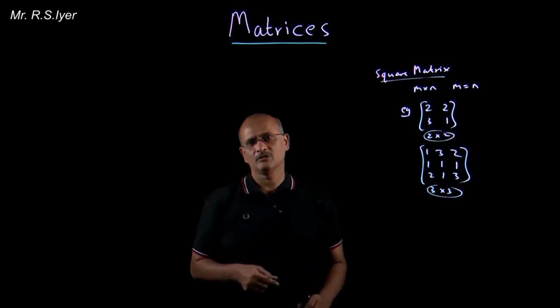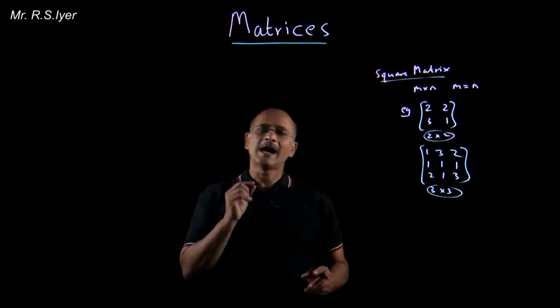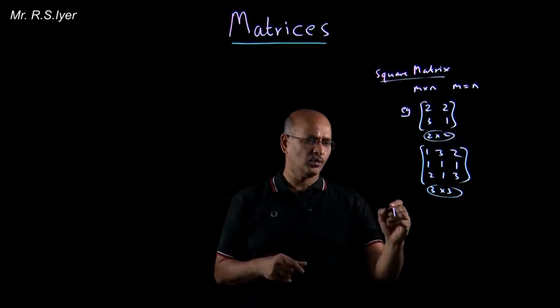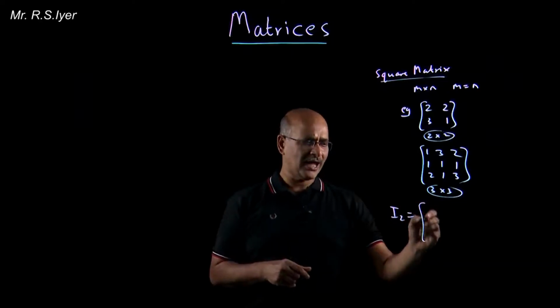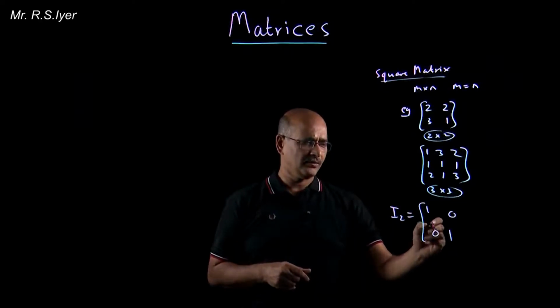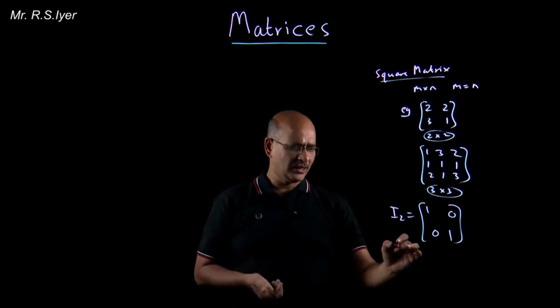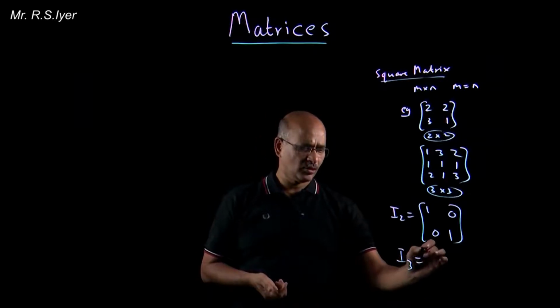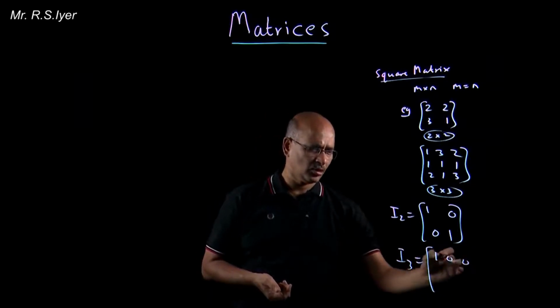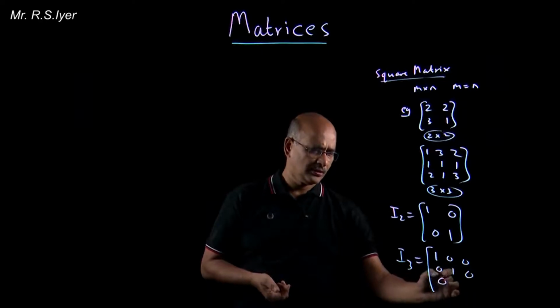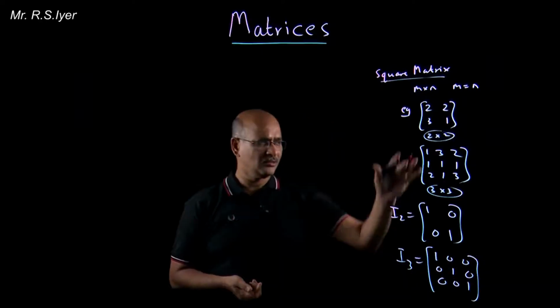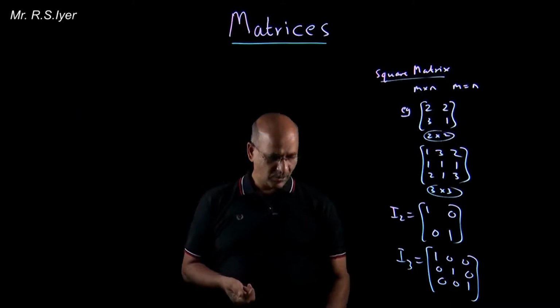Next important matrix you need to understand and know is the identity matrix. So, I2 is nothing but the diagonal elements are 1 and the remaining elements are 0. Similarly, identity matrix can also be 1 0 0, 0 1 0, 0 0 1. So, these are all important parts which I will just name here.